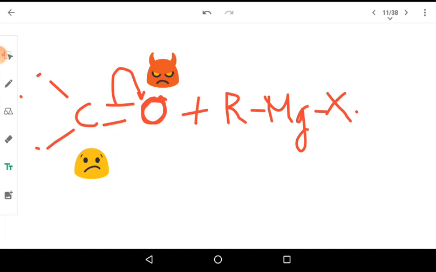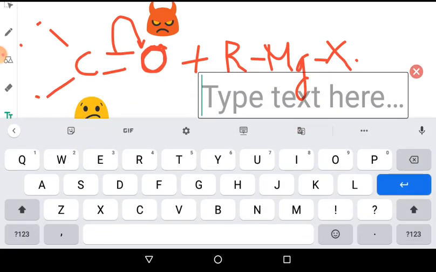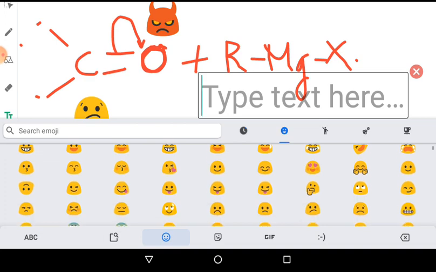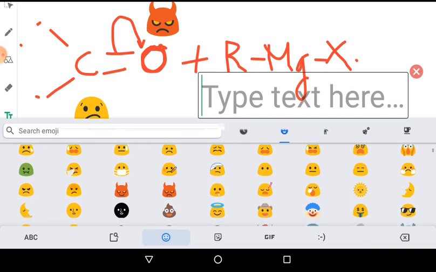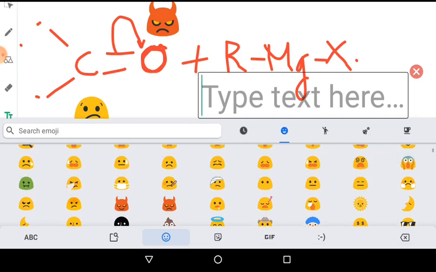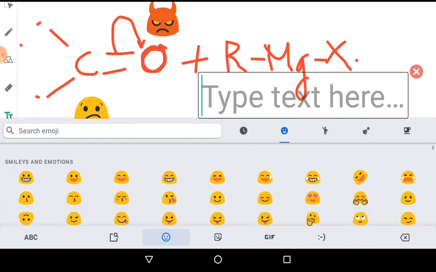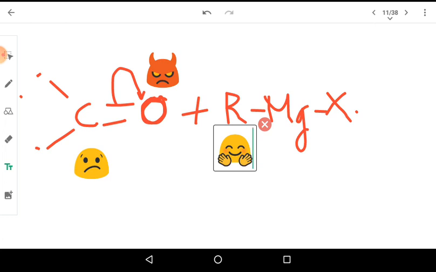Now we have another caring person over here, and that is our R group in the organometallic compound. Let us put a suitable emoji for this as well. He is ready to help everyone.